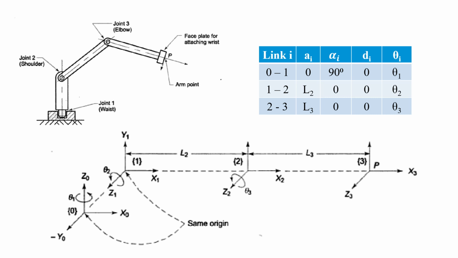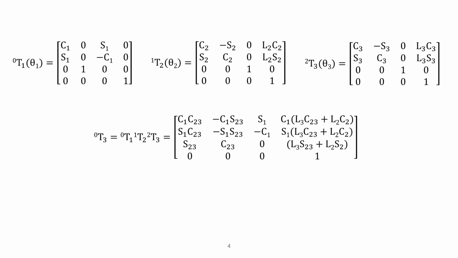This is already done in forward kinematics, so I'll not go into details of it. I'll just skip this. So this is the forward kinematic model of the RRR manipulator. As you see here, the individual transformation matrices are obtained from each row of the DH table, and then you get the overall transformation matrix or the forward kinematic model. So this is what you get.